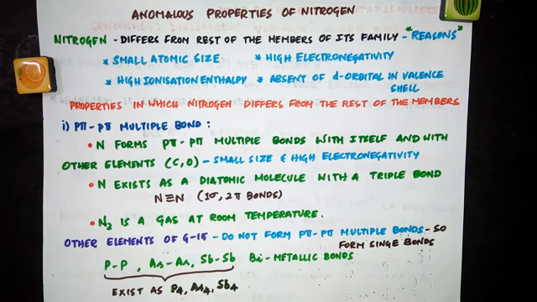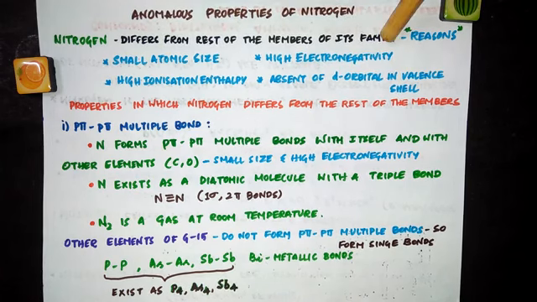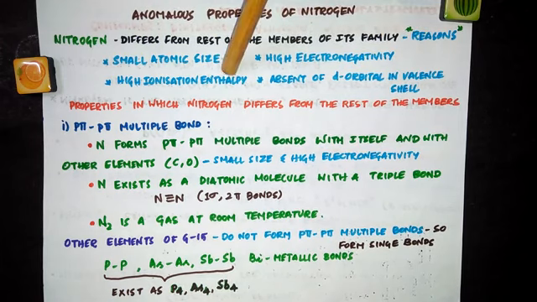So, first member of group 15 is nitrogen, and nitrogen behaves differently from the rest of its members because of its small atomic size, high electronegativity, high ionization enthalpy, and absence of d orbital in its valence shell. Compared to all the other members of the family, nitrogen has the smallest size.